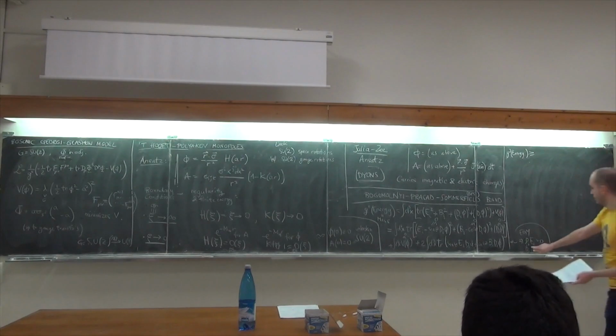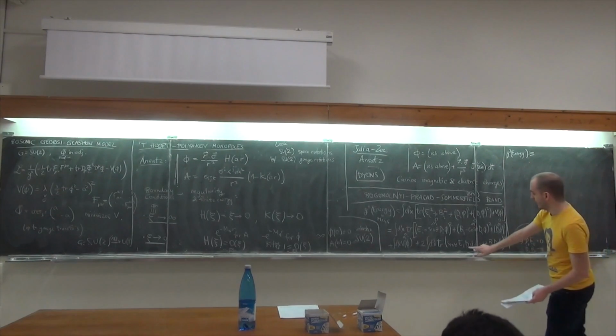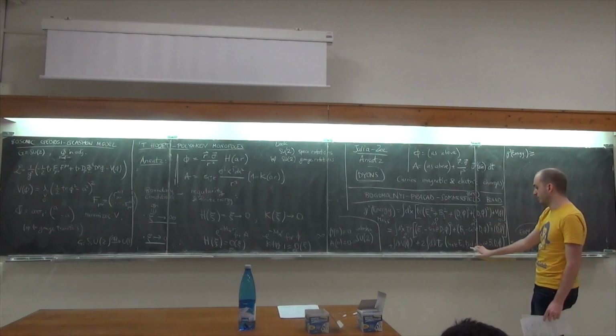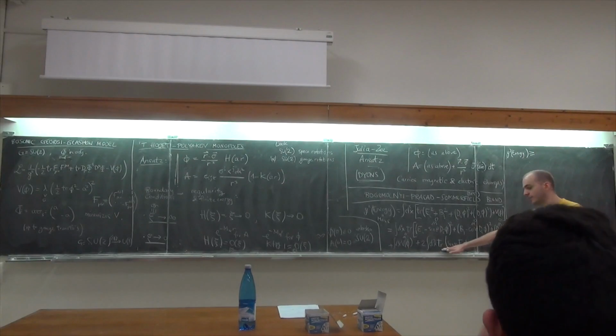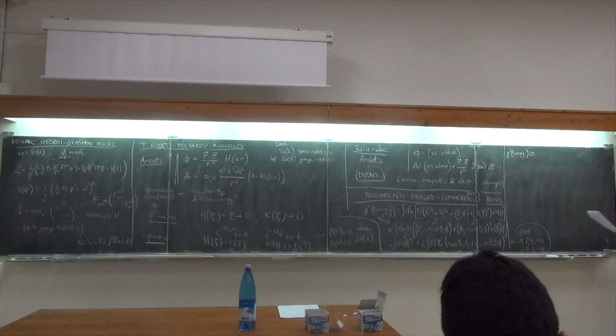Now if I use the fact that the covariant divergence of the electric and magnetic field is 0, I can pull the derivative outside this expression, and in particular outside of the trace. So I will get ordinary derivatives rather than gauge covariant derivatives.